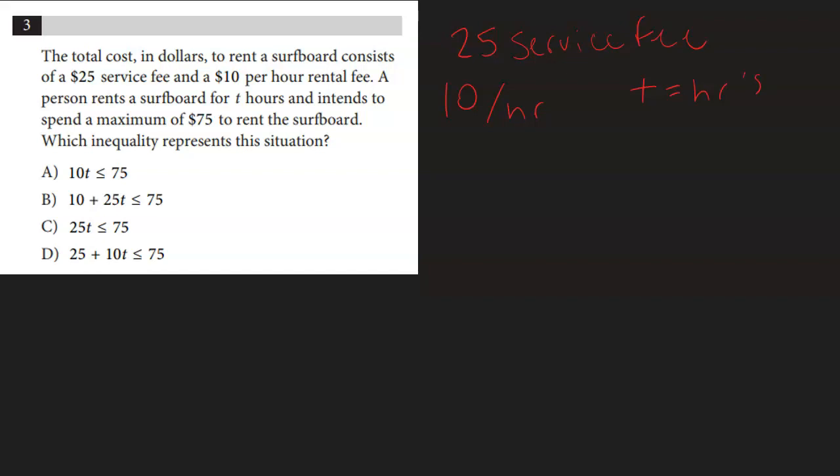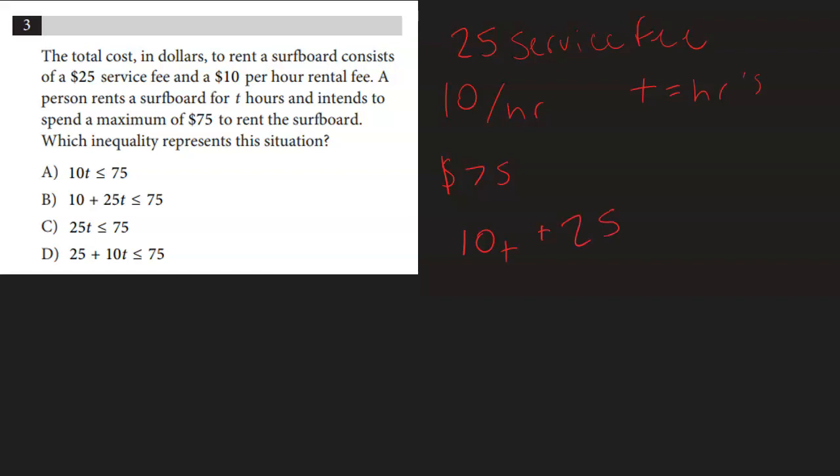And they want to spend at most 75 bucks. Cool. So knowing that, looking at the answer choices, they're going to want me to put that into an equation. So quickly, I would just do 10 times T because it's 10 per hour. T is the amount of hours, so it's the variable dependent on the amount of hours. And then you're going to add it to that $25 service fee because that is a one-time payment.